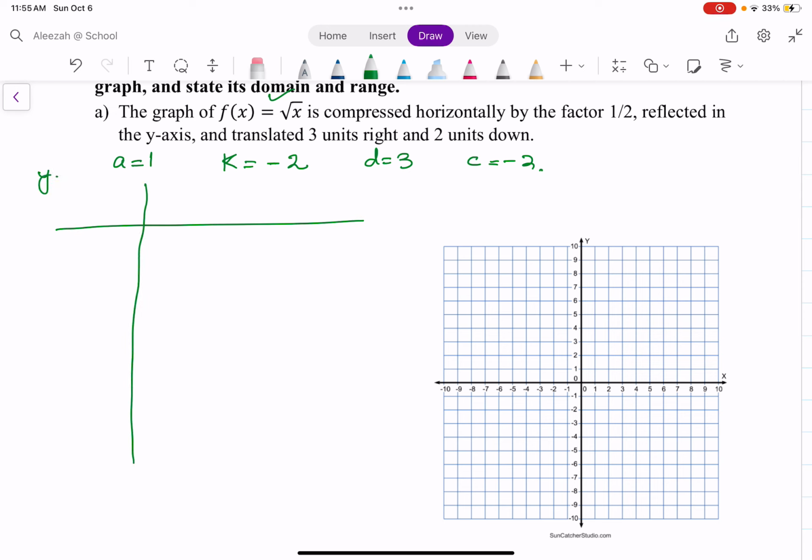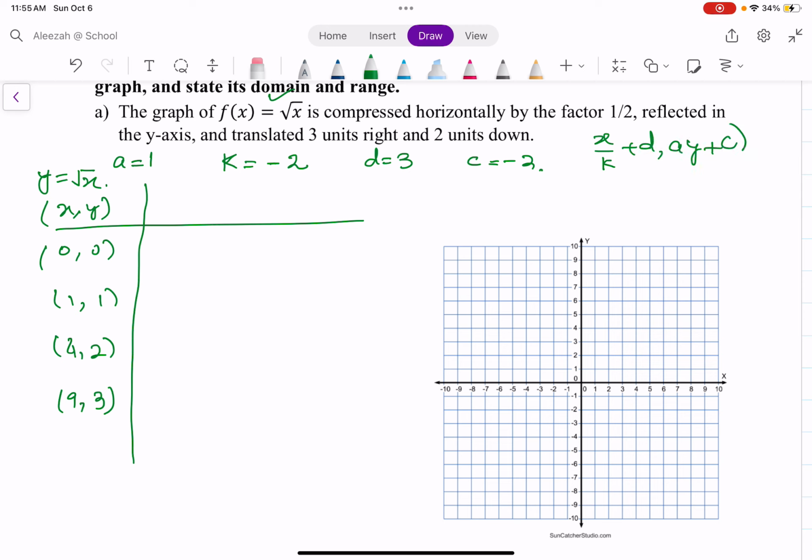My function is y equals square root of x. So the key points, which are x, y, will be 0, 0, 1, 1, 4, 2, and 9, 3, right? And you know the mapping rule is, I'm writing the mapping rule here, (x over k plus d, a y plus c).